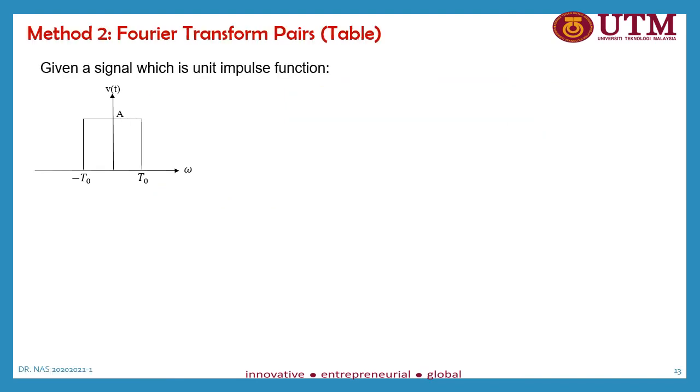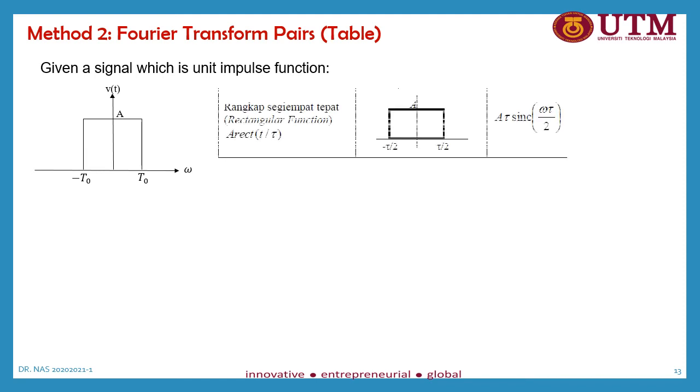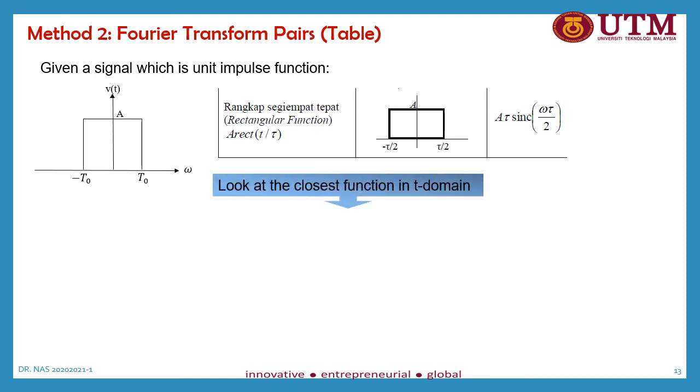Okay, so now let's try the second method, using Fourier transform pairs from the table. First you need to compare with the closest shape of function in time domain. In this case, you have a rectangular function. Obviously, this is the closest shape.